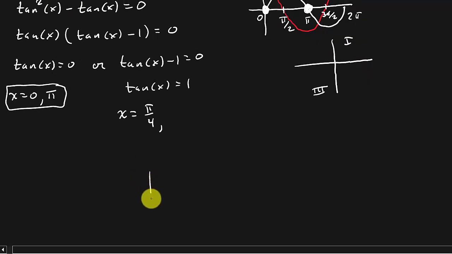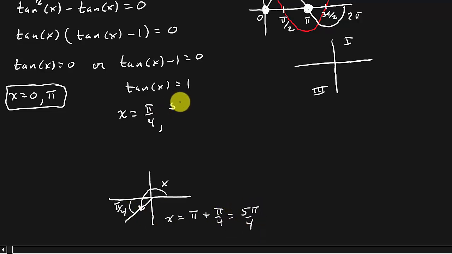So now that we have our first quadrant solution, let's find our third quadrant solution. There's pi over 4, and so x is equal to pi plus pi over 4, and that is 5 pi over 4. And there's my answer.